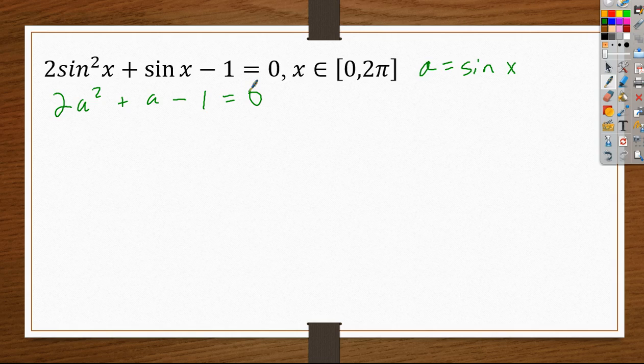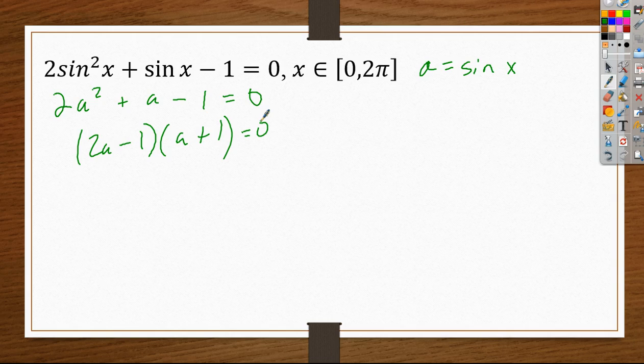Now that I have this, this is something more that I can factor. When I factor this, I get 2a minus 1 times a plus 1 is equal to 0. Now I've got 2 separate problems.